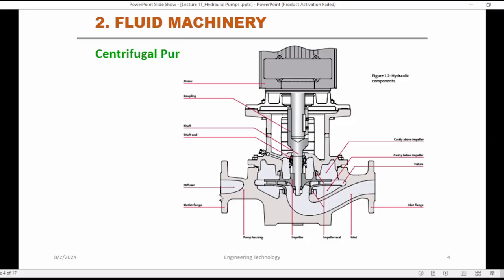Flanger means you can fix a pipe using another flanger here. Then impeller blades, and these are the components in a pump, okay?